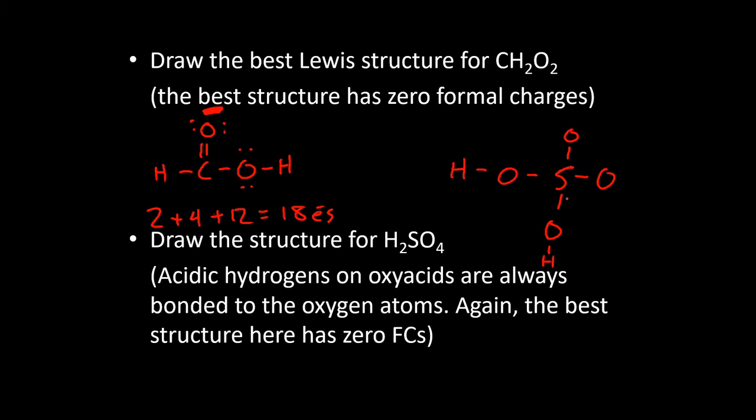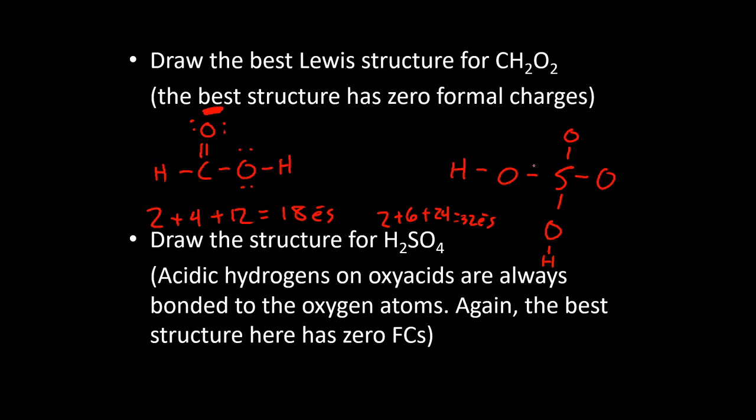And so again, the best structure here is going to have 0 formal charges. If we add up all of our electrons, we get 2 from the hydrogens, 6 from the sulfur, and then 24 from the oxygens, which is going to give us 32 total electrons.